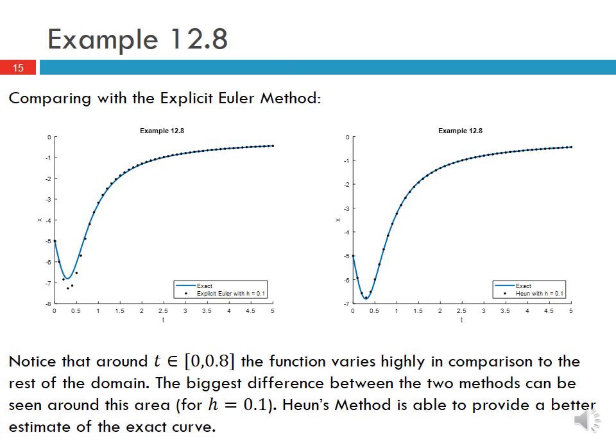So we have this large variation in the function here, where it's much smoother up here. Both the explicit Euler and Heun's method provide a good estimate once we're in this smooth area of the function. But during this area of rapid change, you can see that there's a big difference in the accuracy of Heun's method versus the explicit Euler method, where Heun's method is able to provide a much better estimate of the exact curve.